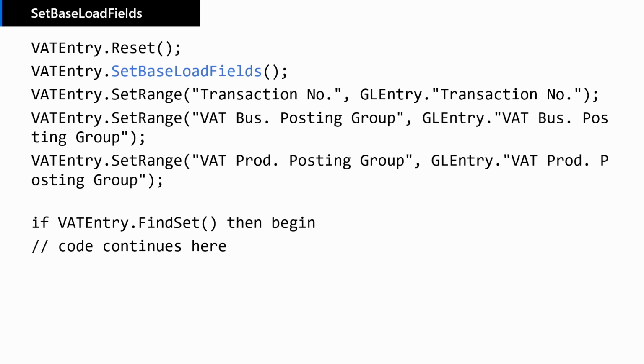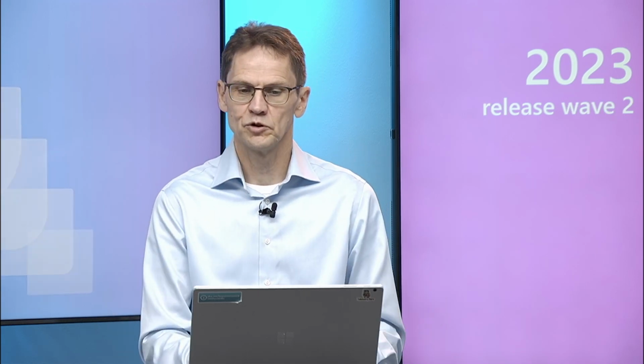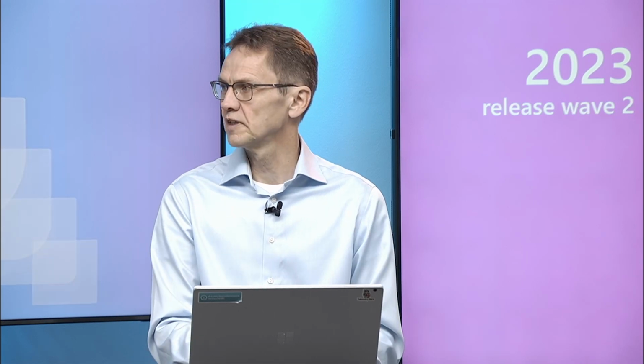and then setting the range, and then doing a find set, and there it is looping. Now, particularly if the code inside the loop changes, then before with the SetLoadFields, you would have to remember to go back and change which fields you loaded if you started accessing a new field inside your loop. Now, this one will at least remove the join, but again, if this is performance critical code and you really want to optimize, then you can use the SetLoadFields to minimize what is cached and loaded.